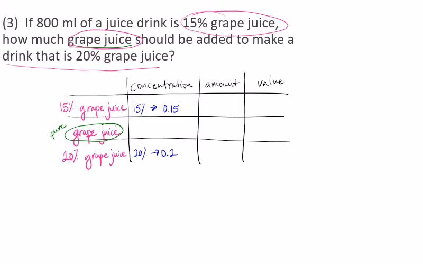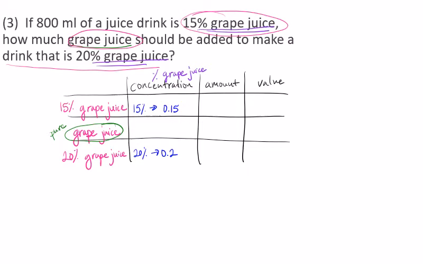So, just backtracking a second here, we're measuring concentration in terms of percent grape juice. Whatever comes after the percent, that is what we're measuring as the concentration. That's kind of the value of the concentration. So we're measuring percent grape juice.